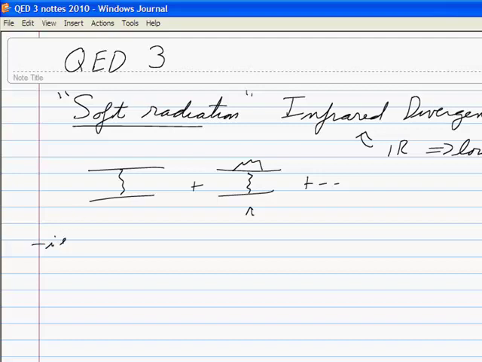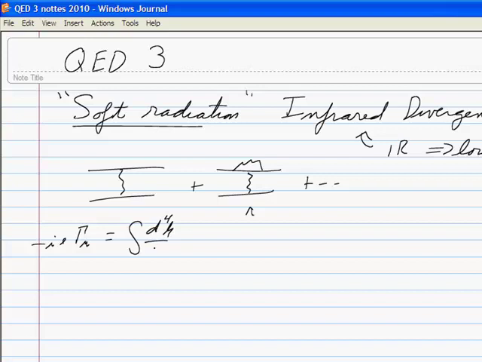We have minus ie gamma mu, and I'm going to write it using the scalars rather than vectors, just because it's easier to show you.